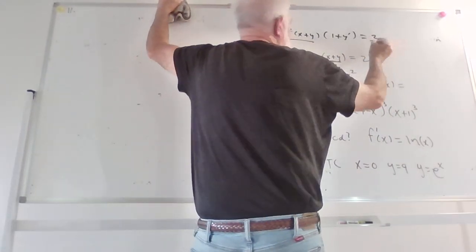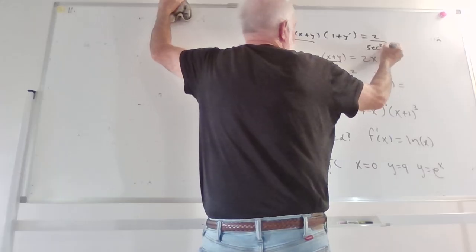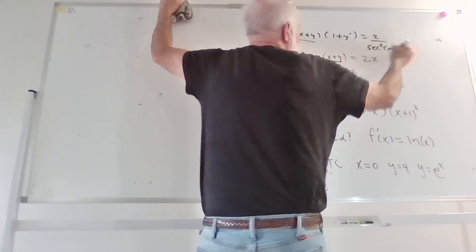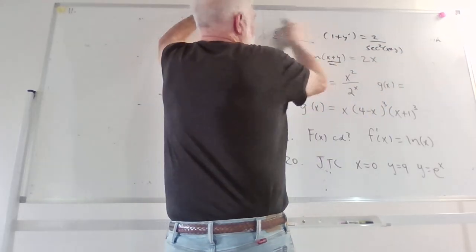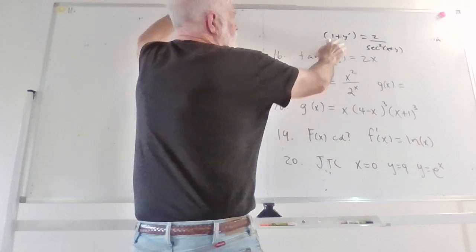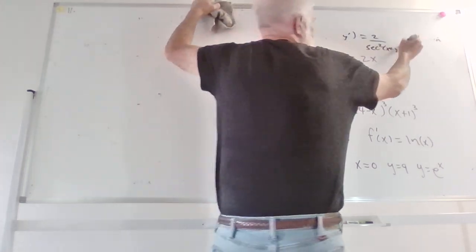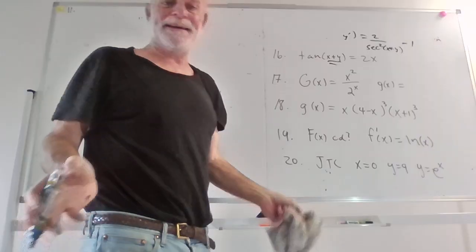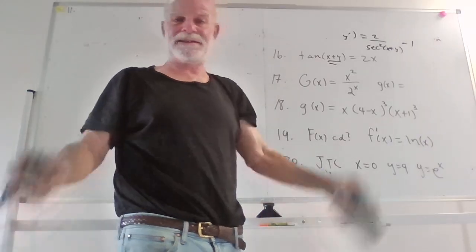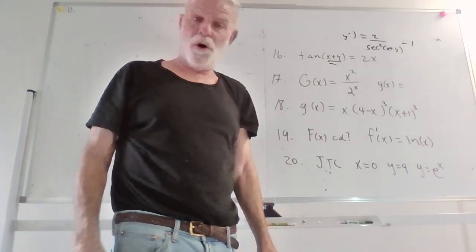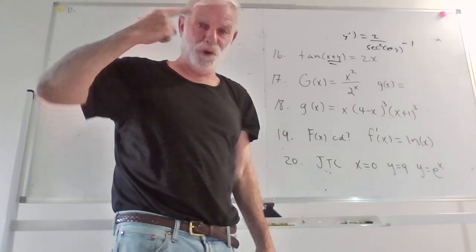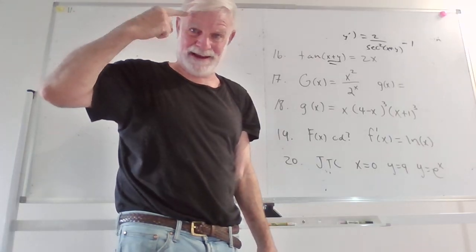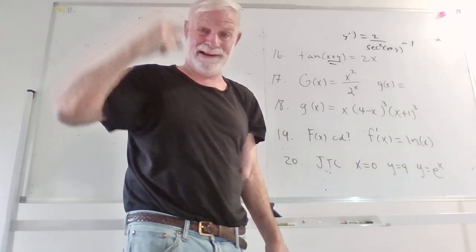Multiplication becomes division, so that's secant squared x plus y. I have moved it. How do I get y prime alone? Addition of 1 simply becomes subtraction of 1. And we got some practice. And yes, did I line up my equal signs? Did I write everything out? No, because what am I after? You thinking. Right now, just going after you thinking.